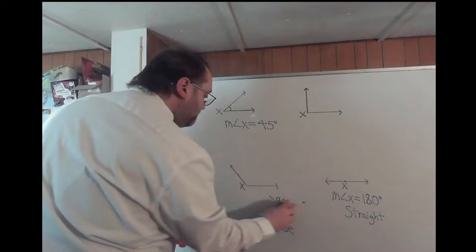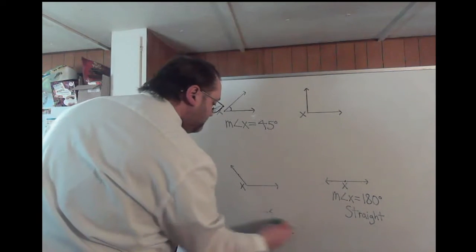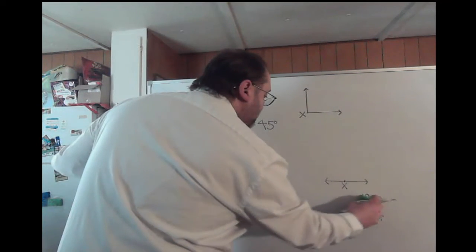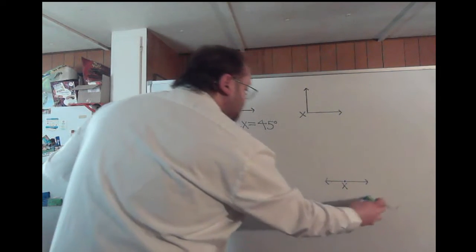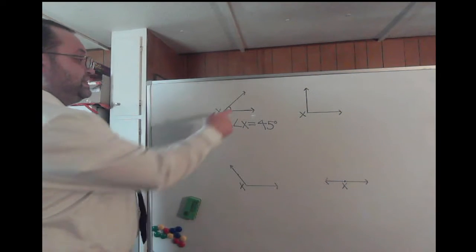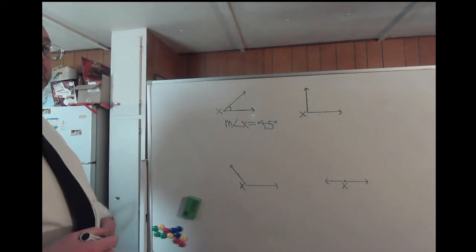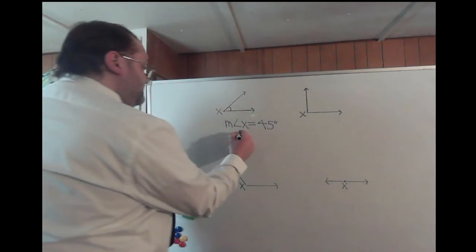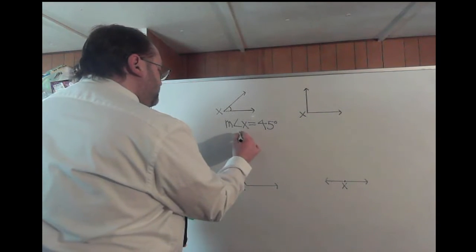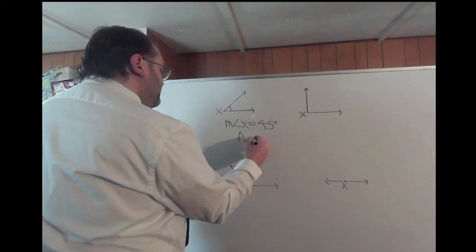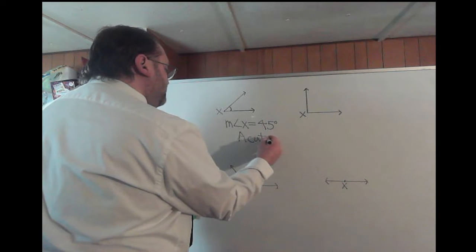We're going to identify what degrees the angles are, and we're going to label them. So this angle is a 45 degree angle. Since it's less than 90 but greater than 0, this is an example of an acute angle. This is in fact an acute angle.